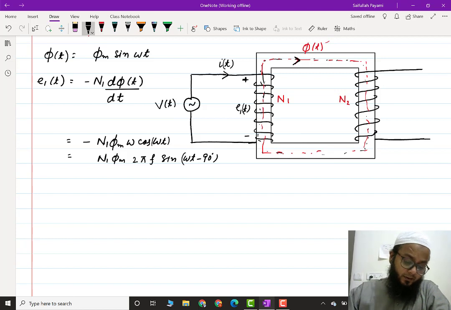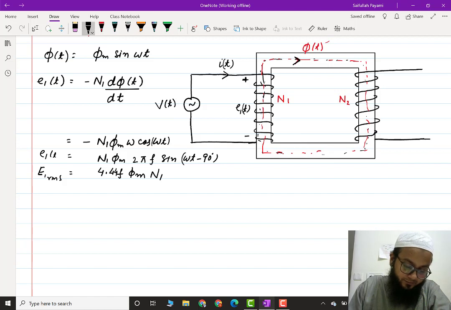So E1(t) would be this, and the RMS quantity of E1 would be 4.44 f φm N1. This was E1(t).